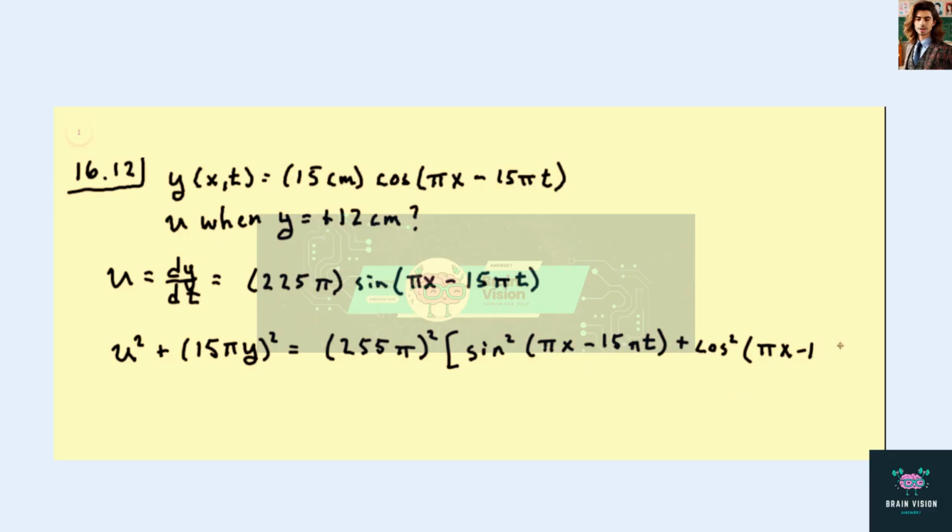If I could remember how to write a 5, there we go. And we know that sine squared of something plus cosine squared of that same thing is just 1.